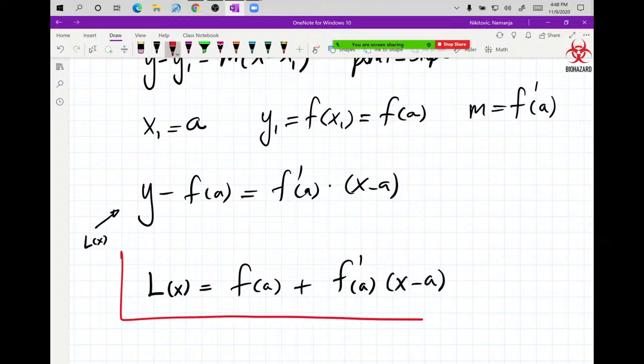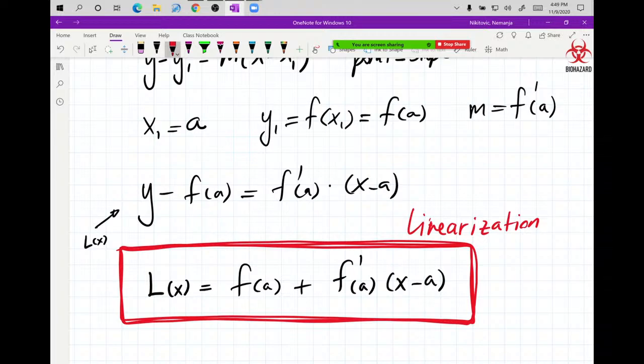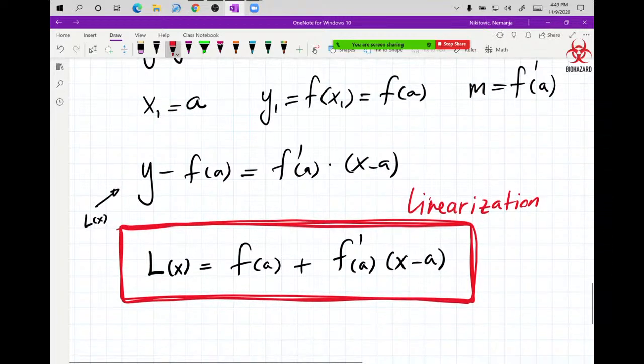This is your linearization, which is technically the tangent line in one formula.